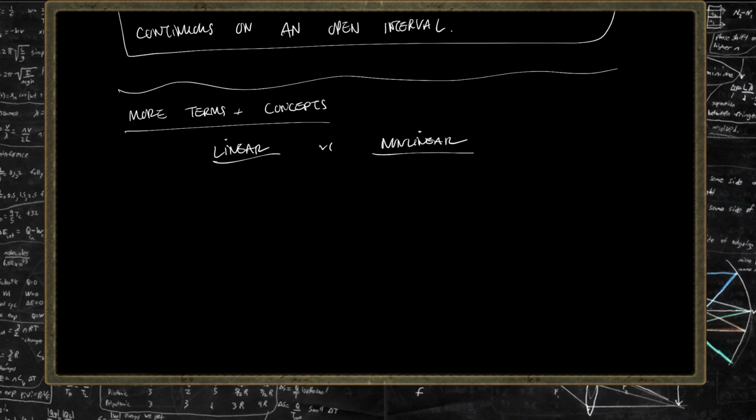Okay. So what this means is linear in y and its derivatives. Okay, so y, y prime, y double prime, all first power.